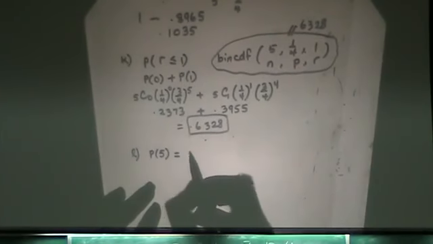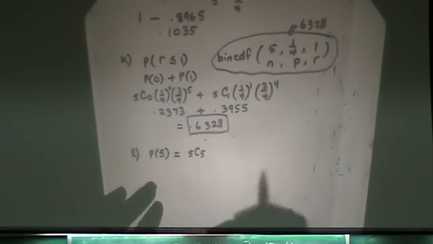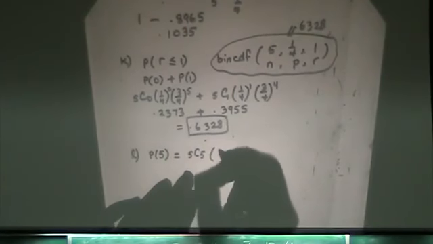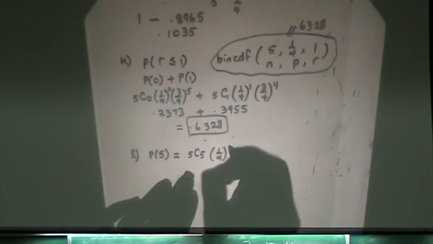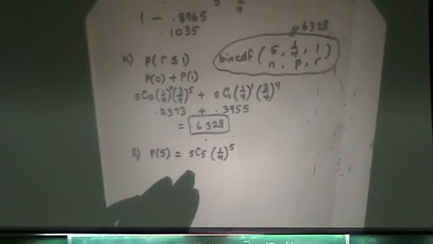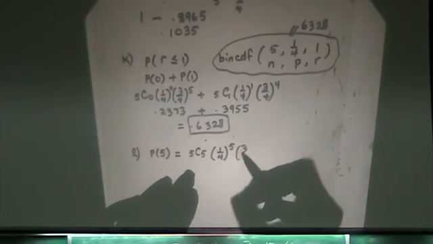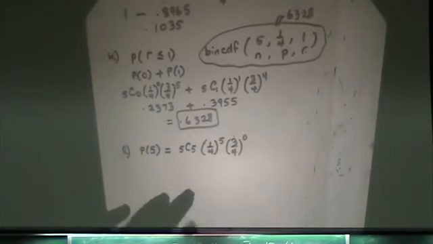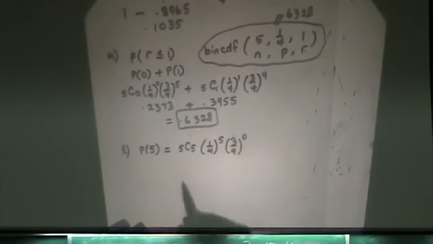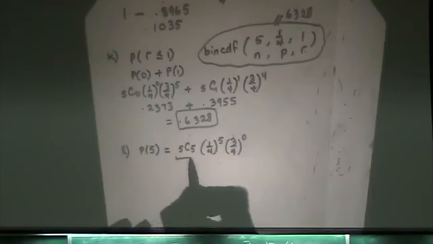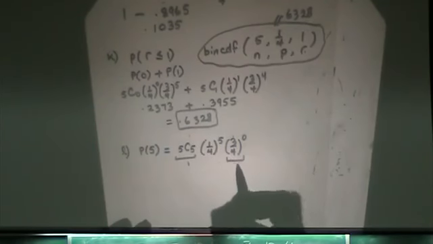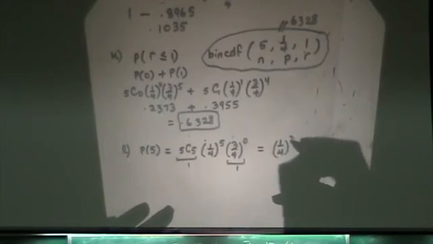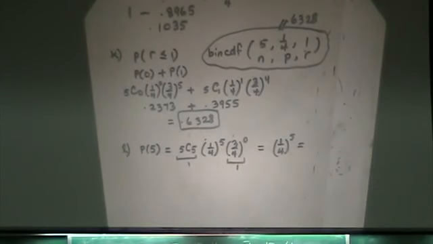This would be 5 choose 5, p to the 5th power, 1/4 to the 5th, 3/4 to the 0. That's what I expect based on this model, right? So 5 choose 5 is 1, 3/4 to the 0 is also 1, so my answer is just 1/4 raised to the 5th, which is what?